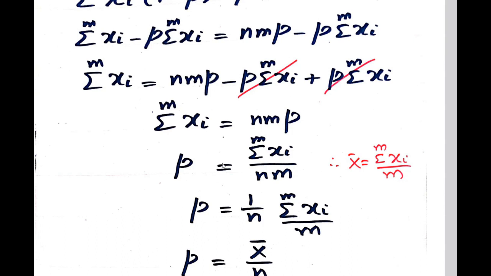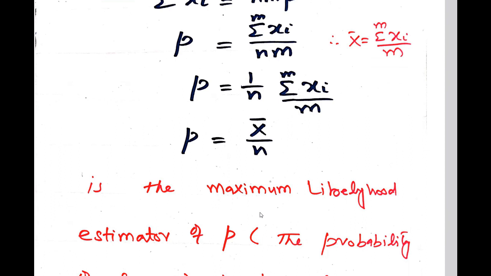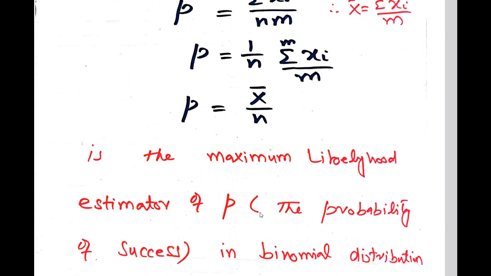So p equals sum of mxi divided by nm. When we take it to the other side, it will be the divisor of sum of mxi. So 1 over n times x bar equals sum of mxi over m. So put here x bar over n. So this is the maximum likelihood estimator of p.